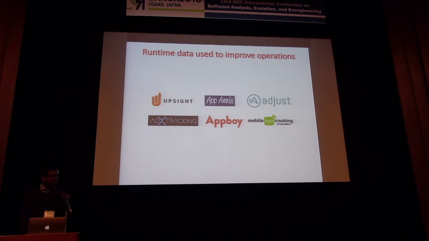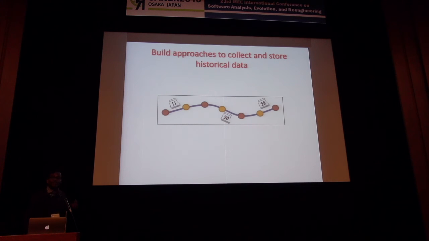A big challenge in the maintenance data is that in mobile app stores, you do not have historical information. You have only the latest version of the app. You have reviews from maybe 6 months or a year before. They do not provide you with all the historical information.